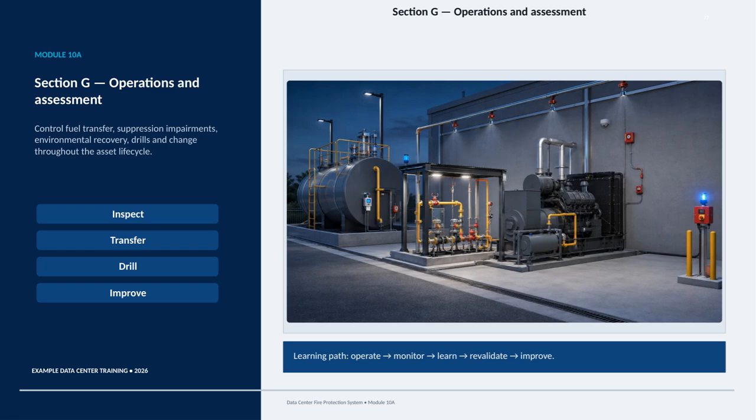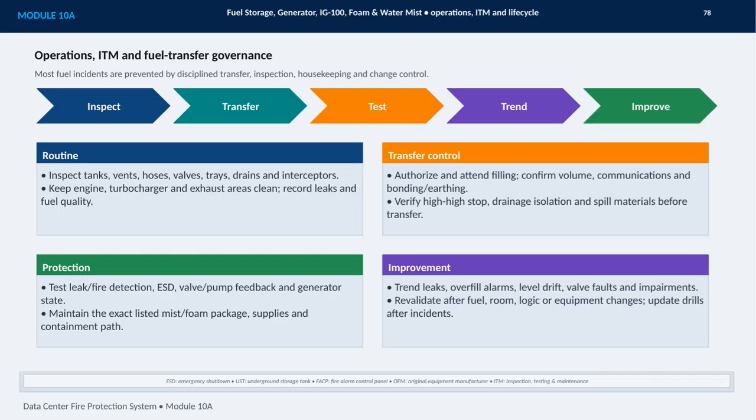That sequence is important because operations change, conditions change, and the system must be reassessed rather than assumed to remain effective. Together, these practices address suppression impairments, environmental recovery, drills, and ongoing change across the data center's lifecycle. This slide focuses on the governance that keeps fuel storage and generator systems safe throughout their lifecycle.